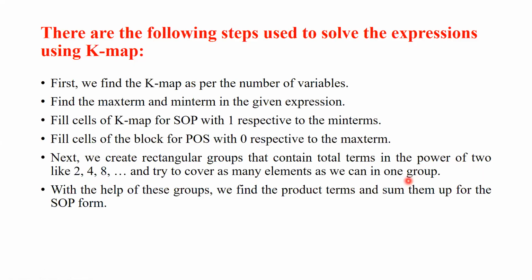But at least write down the steps. Then we will see; once I show you the table, it will be clear. But just remember, when I have mean terms, I am writing 1. In place of that, if it is a max term expression, I am writing 0.